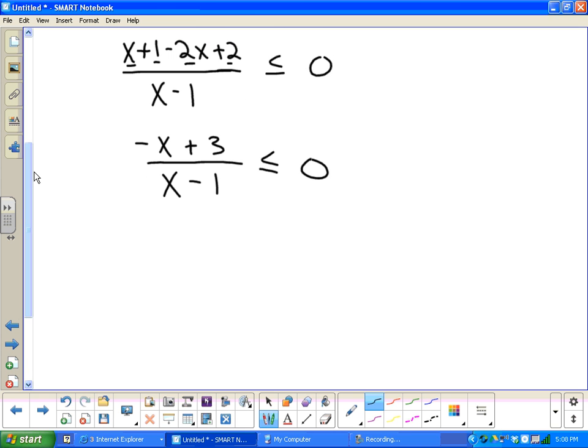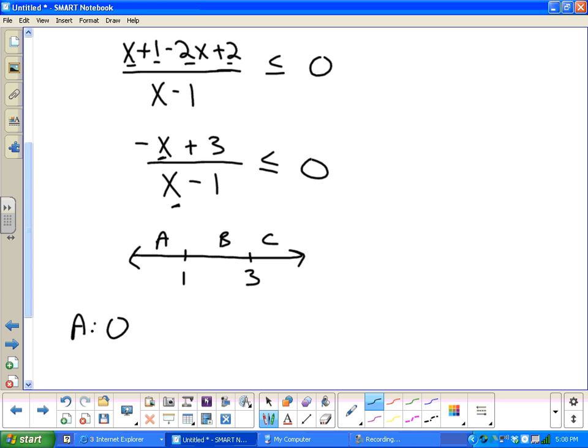All right, so now let's get our critical points. That makes the numerator and the denominator 0. So what would make the numerator 0 there is if x was 3, and then what makes the denominator 0 would be 1. Okay, so now we've got some intervals here that we're going to test. So let's start off with interval A. So I think a good number there to test would be 0.